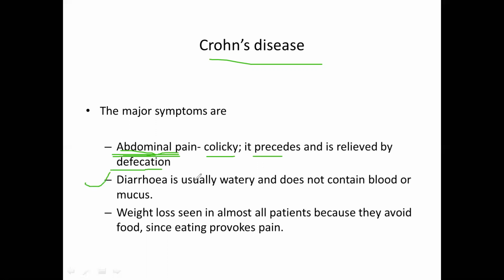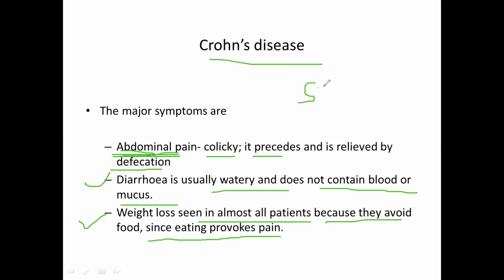Second, the patient has diarrhea, which is usually watery and does not contain blood or mucus. Then the next one is weight loss, which is seen in almost all patients because they avoid food, since eating provokes pain. We know in Crohn's disease the most common site involved is the small intestine.